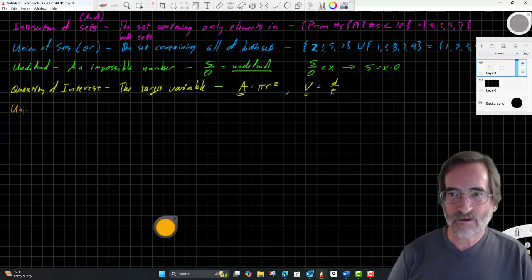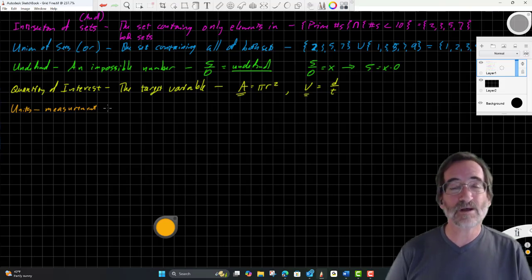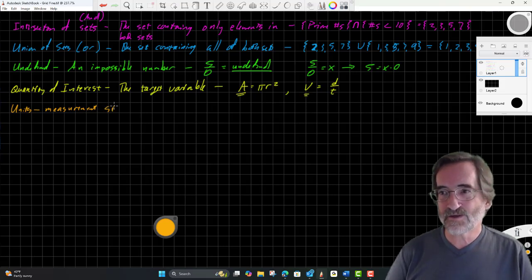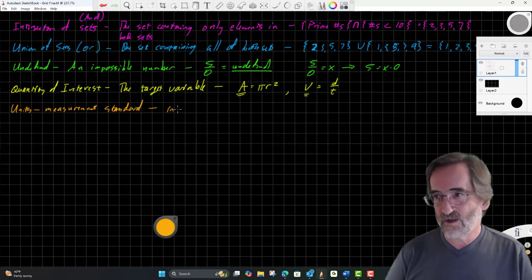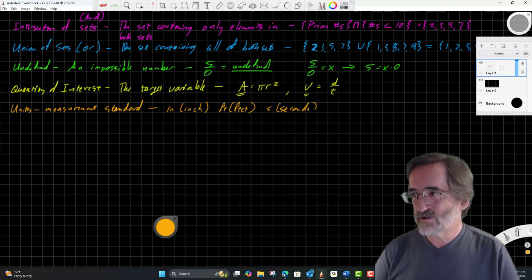Units. Measurement standard. They are things like IN for inch, FT for feet, S for seconds, and we have some combined units.